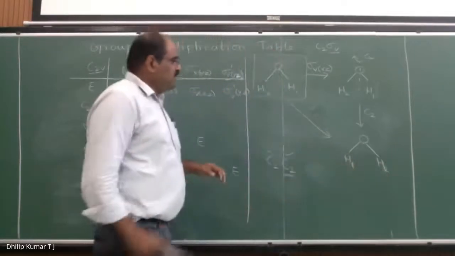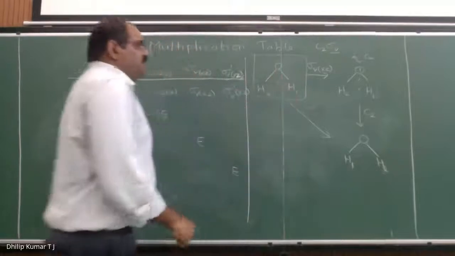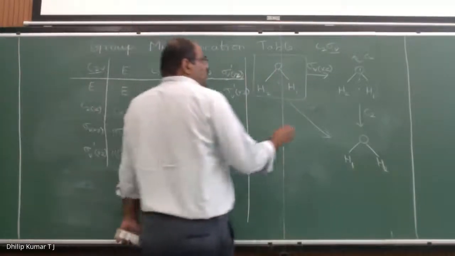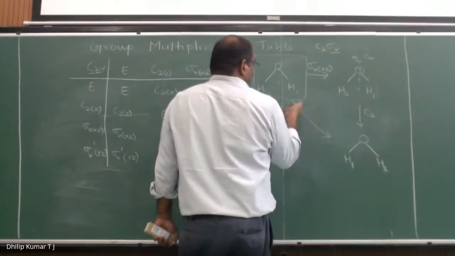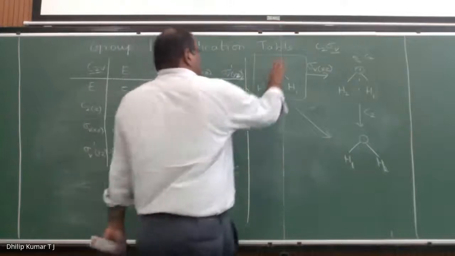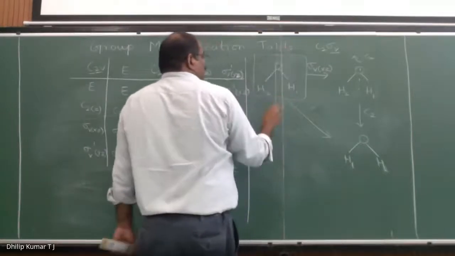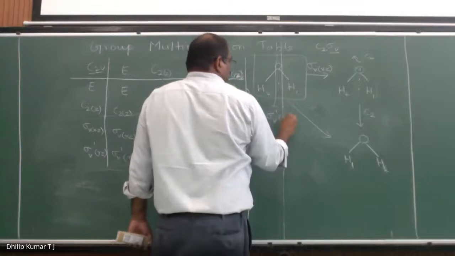How do you reach this structure from the starting one? You can get it by the C2 operation, or you can place a mirror. You can place a sigma V prime mirror, which is on YZ.